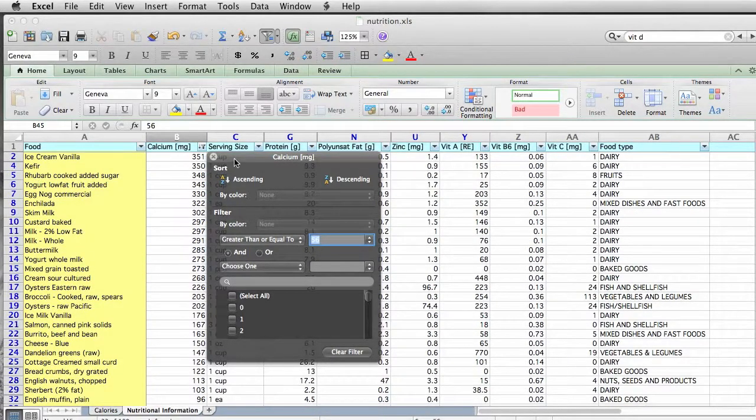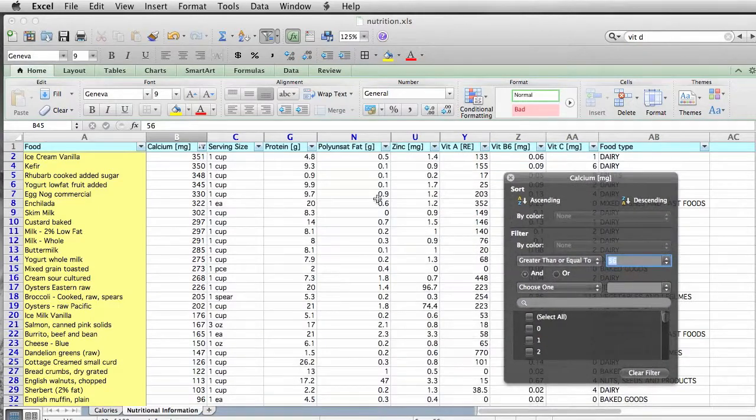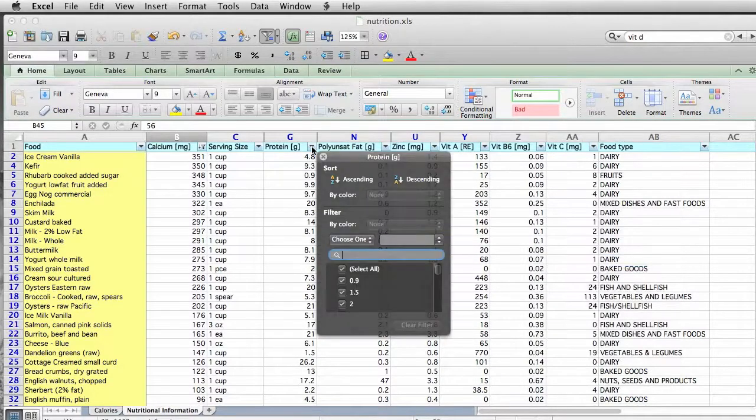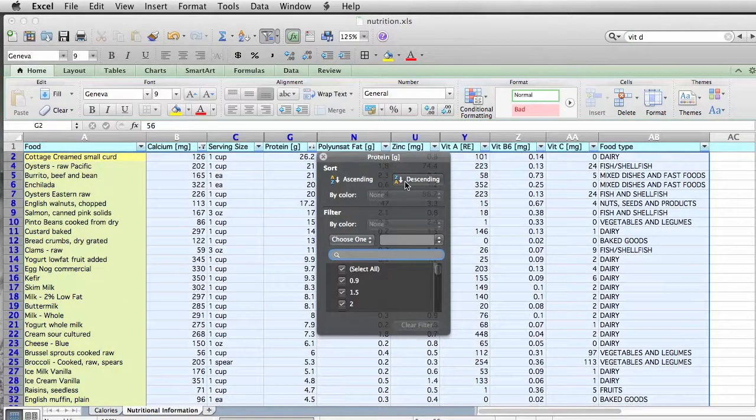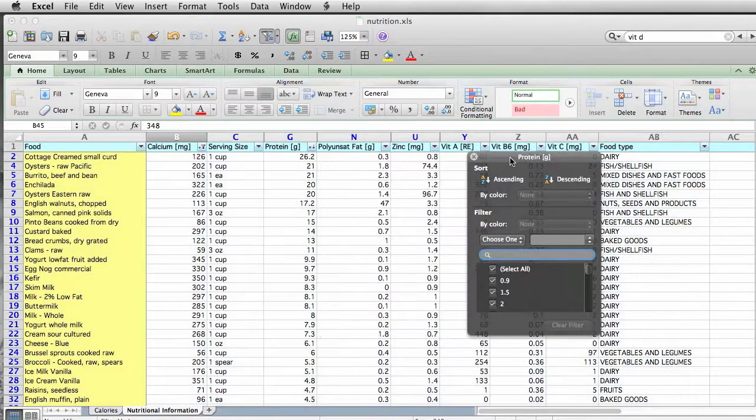We'll do the same thing over here in proteins. Of the remaining foods in the database, we'll look at proteins here and sort those by descending value as well. We can see here that cottage cheese has the highest. Now, we started off with 45, so we're going to go to our 15th record here, which, looking down here, would actually be element number 16, kefir.